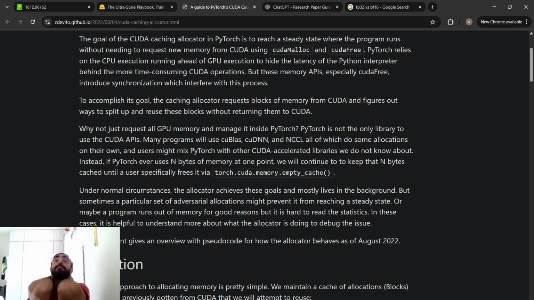But the plus side is that since TensorFlow has access to all the memory, it can manage the memory more efficiently compared to PyTorch, but it is kind of irritating sometimes.